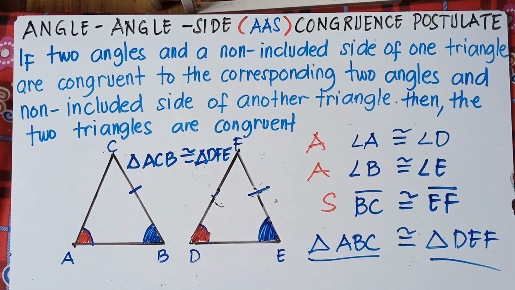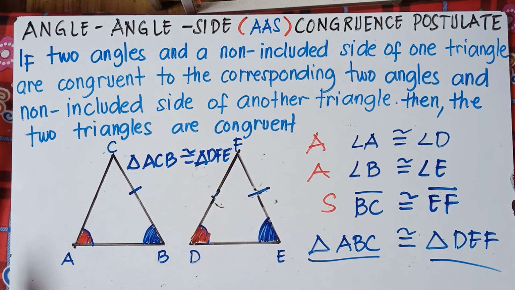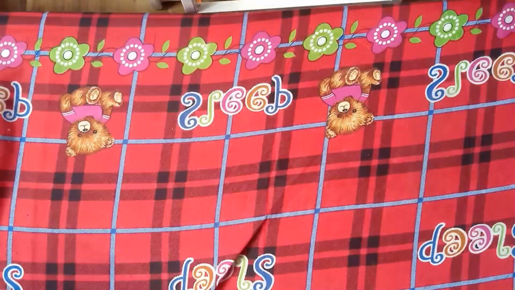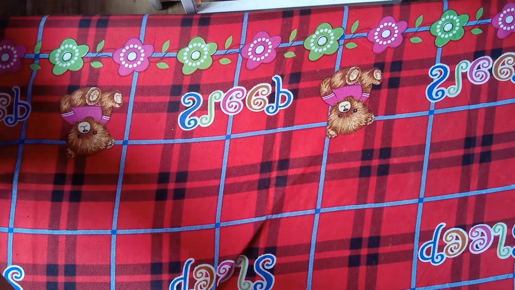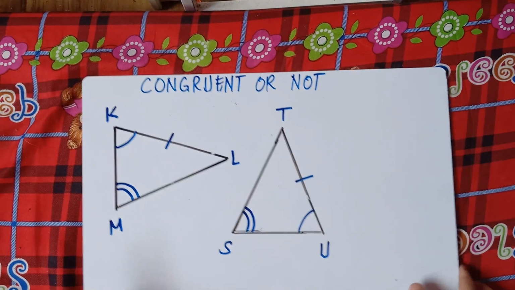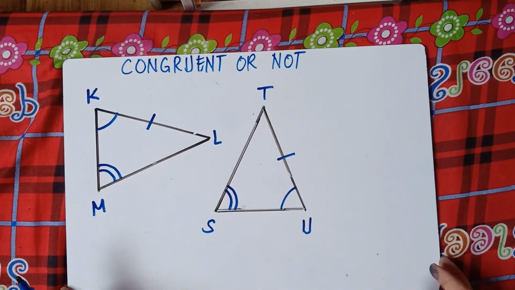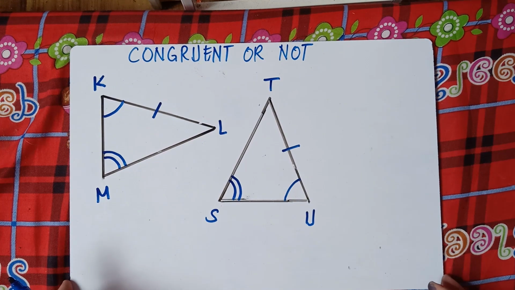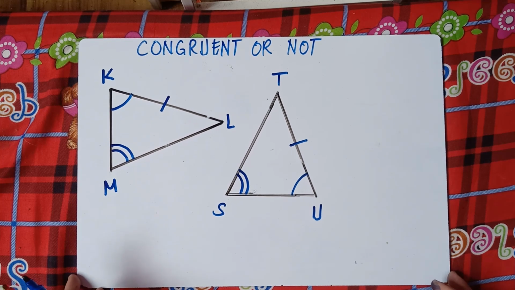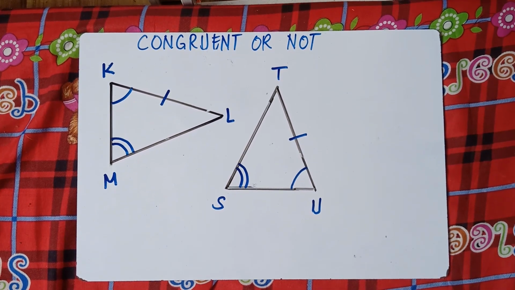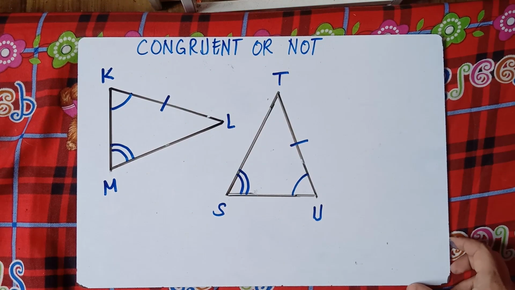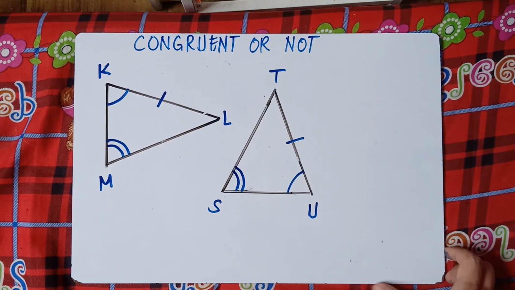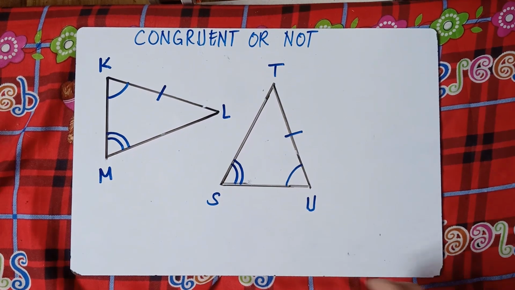Let's try an example, class, for us to really understand this one with the angle side. What if we have, you need to tell if it's congruent or not. So check if we have two angles. Yes, we have two given angles. Next, you need to check the non-included side. Is it outside the given two angles?